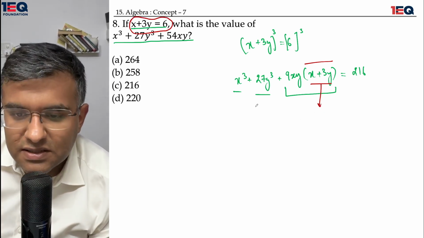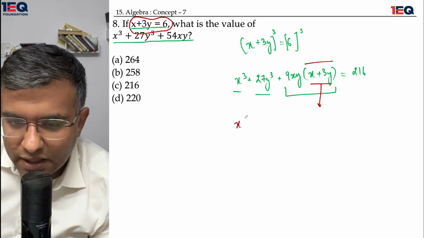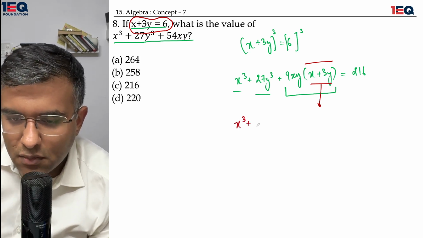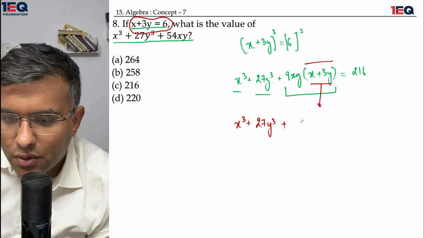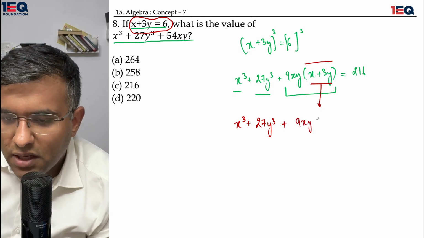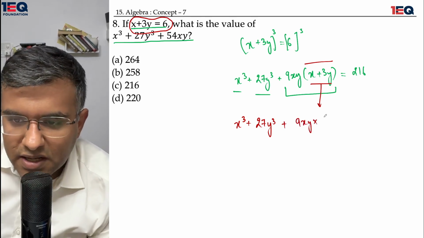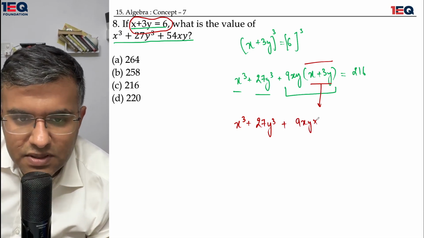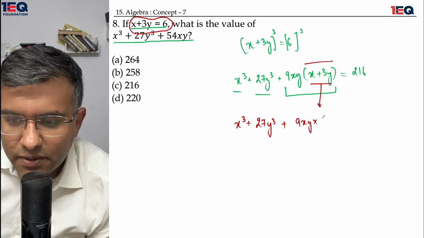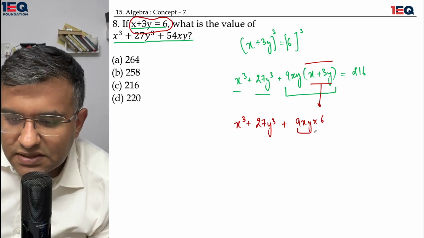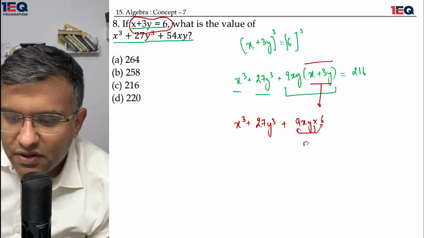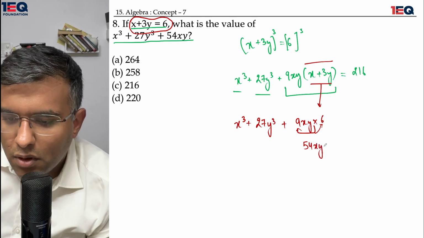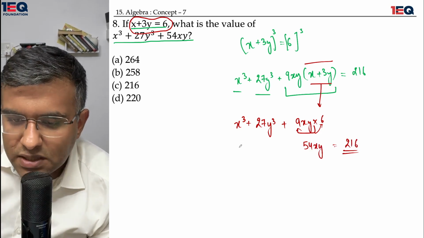When this situation comes up, I can substitute the value. 9xy could be multiplied by x plus 3y, which would ultimately become 6, and 6 nines are 54. 54xy being equal to 216.